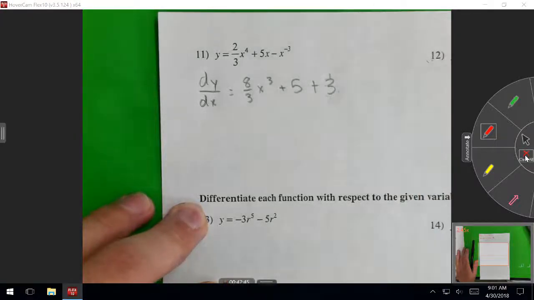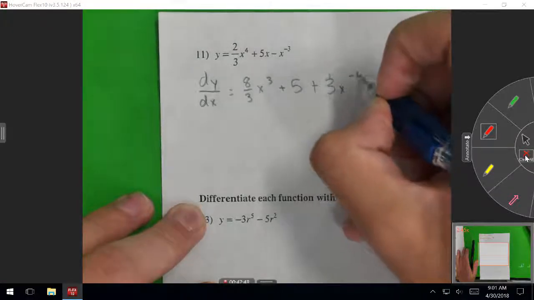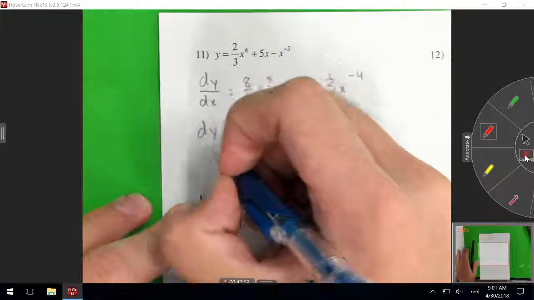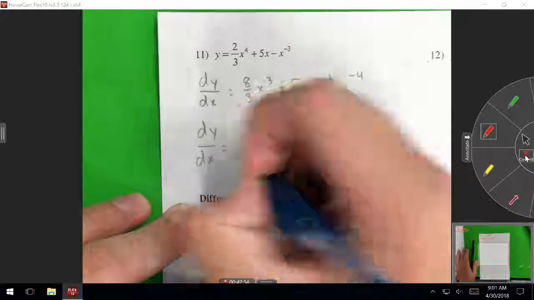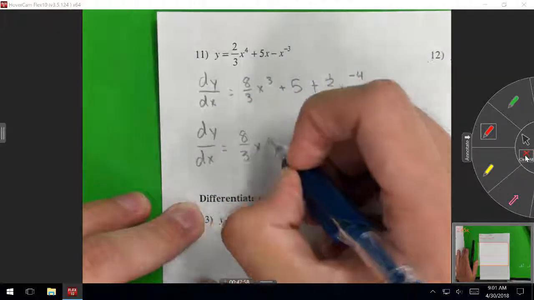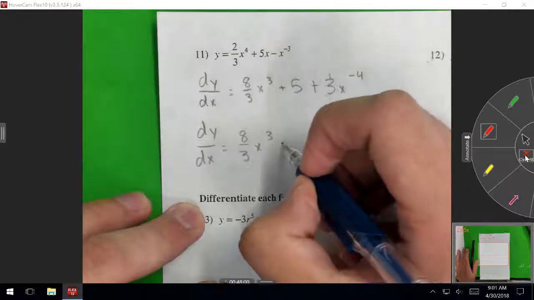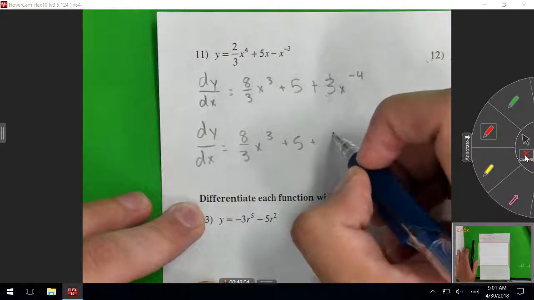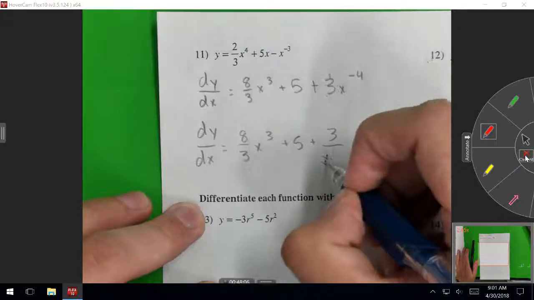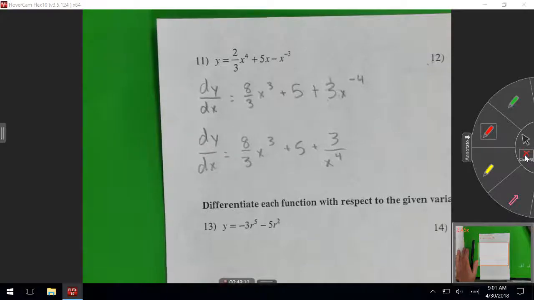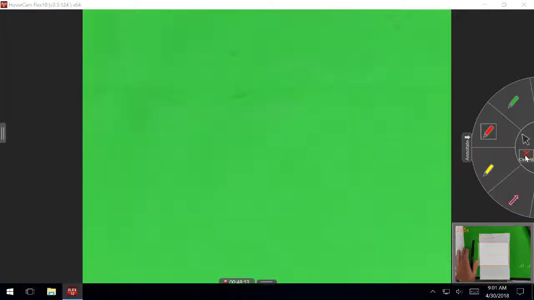Okay, good. Now write your final answer. On that x to the -3, it's tempting to want to write it in the denominator there, but that's not going to do you any good right there. Okay. Very good. That is your final answer. That's the derivative of that. Very good. Number 12, Grayson.